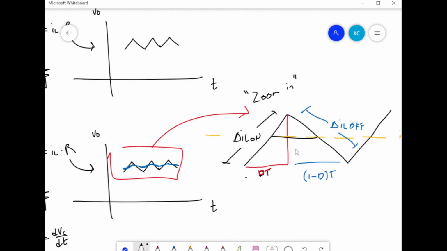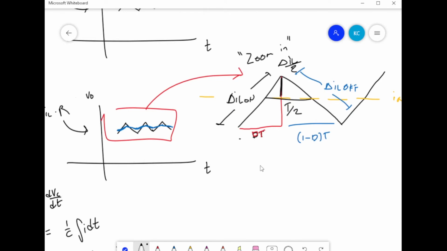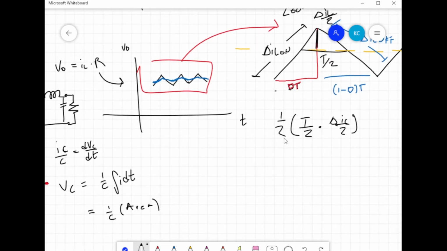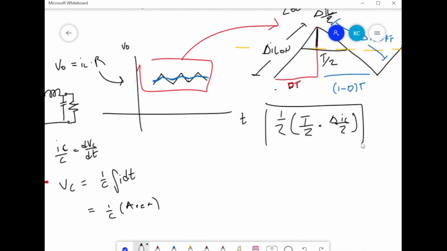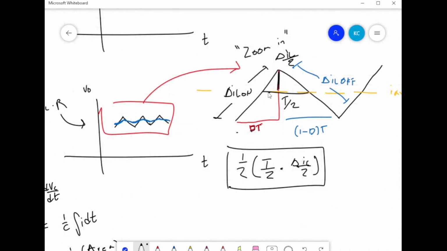So to find the area here, it turns out this is actually the period divided by 2. Turns out this height is delta I_L divided by 2. And then the area for a triangle is the base times the height divided by 2. So this is our area now for the excess current that the capacitor is absorbing.